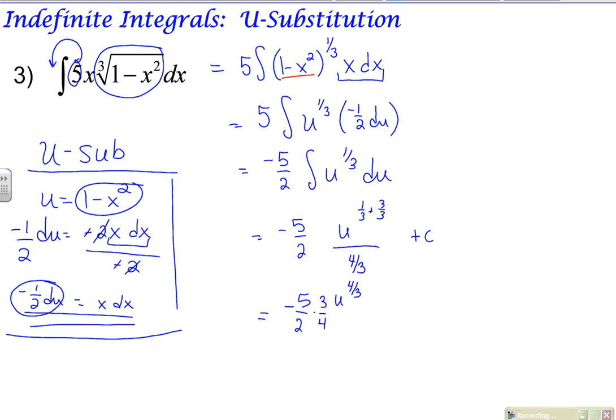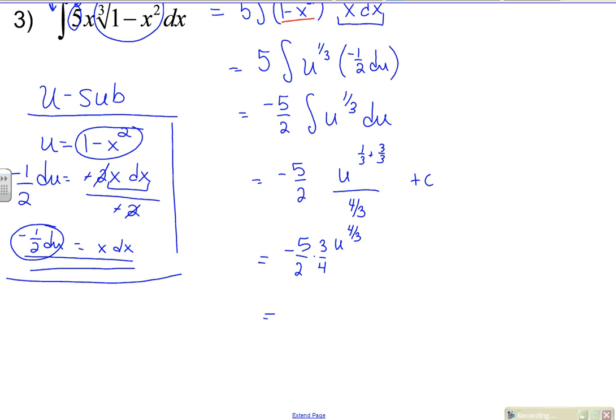We're almost done. So I'm going to have negative 15/8. U is 1 minus x squared, substitute back, to the 4/3 power plus that C. Final answer. And I'm at 15 minutes, so I better stop.